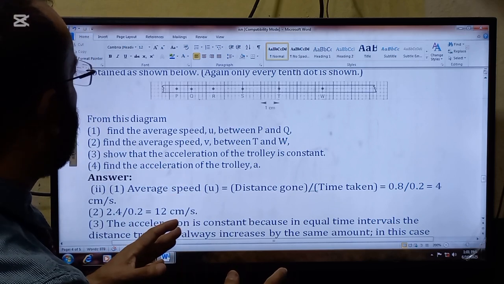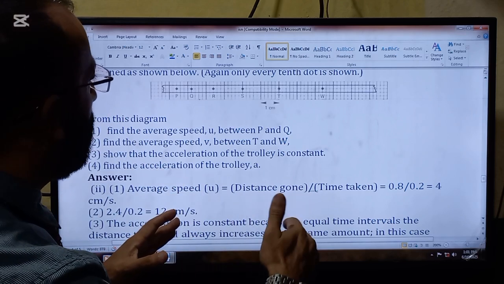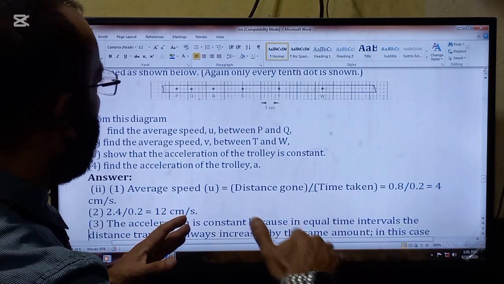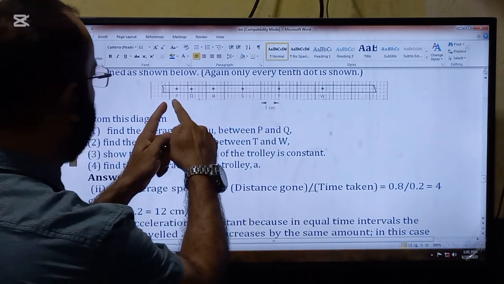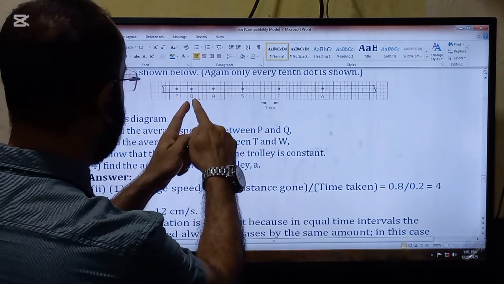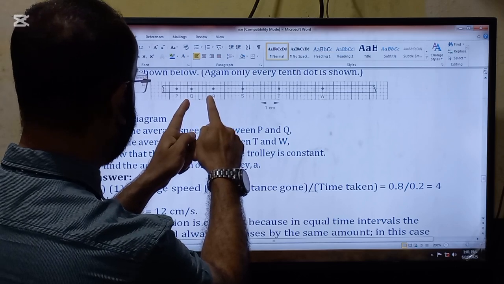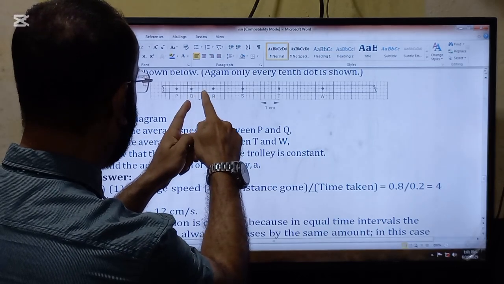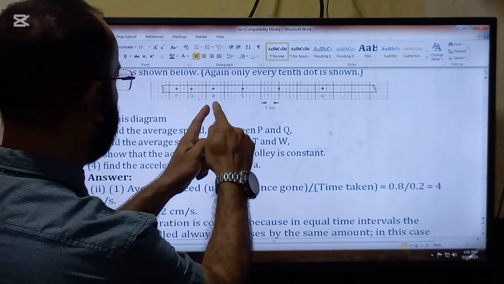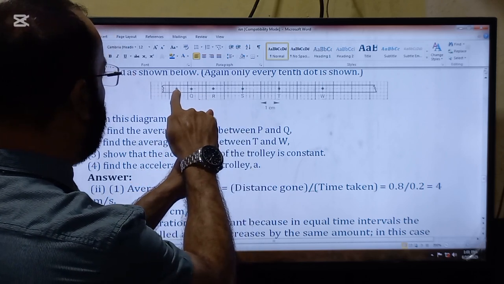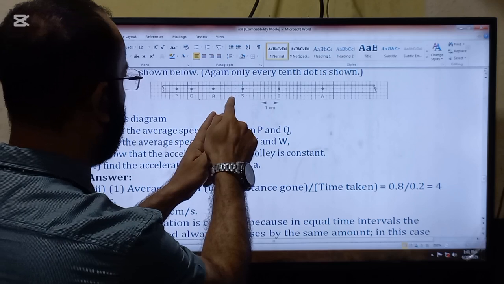Because the trolley is moving with increasing speed, look, from P to Q there are 4 dots, from Q to R there are 6 dots, so two small boxes are increased. Here are 6, here are 4, so 4, 6, here are 8.